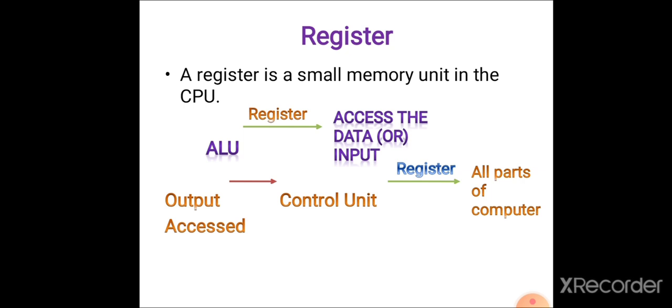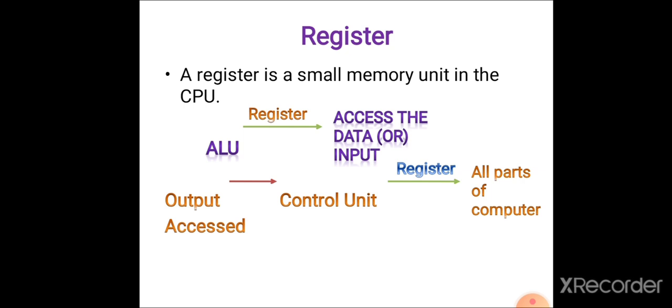That is the input which is given by you. So you are adding the two numbers, that is arithmetic. Arithmetic calculations will be done by ALU. So when ALU wants to access the input, that is 70 and 30, it takes the help of register to access the data. That is, register helps ALU to access the data or input given by us to the computer.